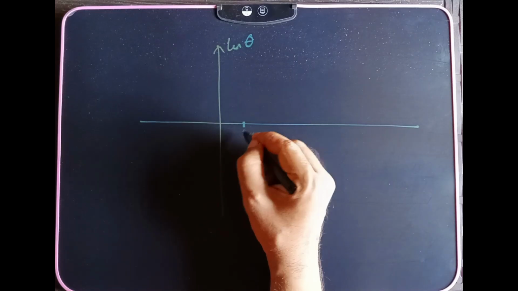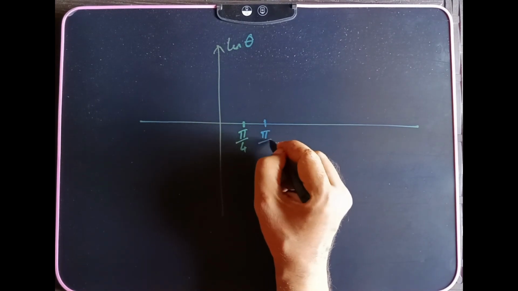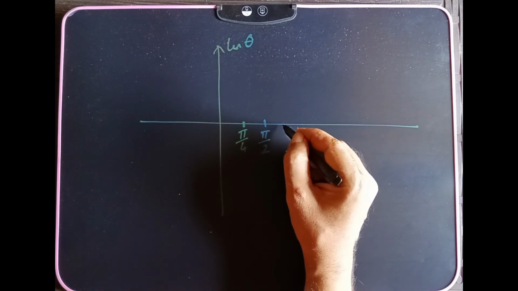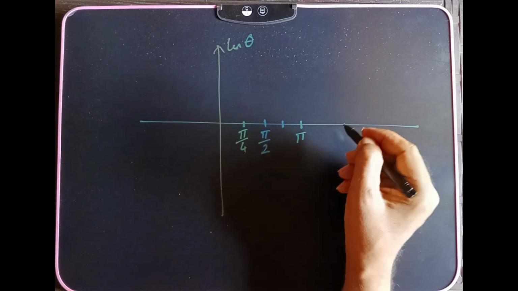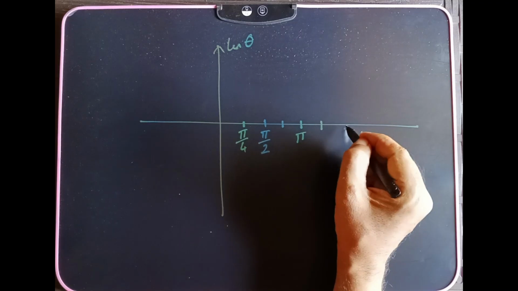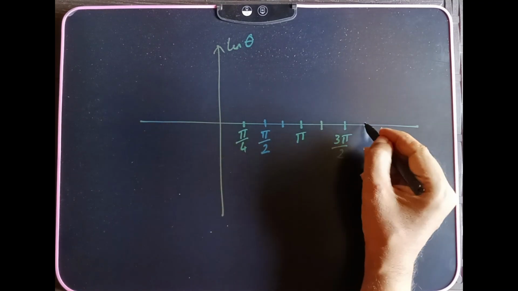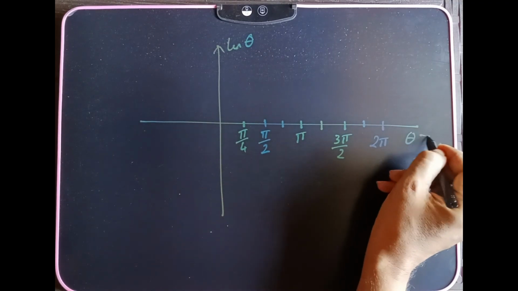Now here I will take pi by 4 as well, and then pi by 2 here, then pi, 3 pi by 2, 2 pi, and this is theta.